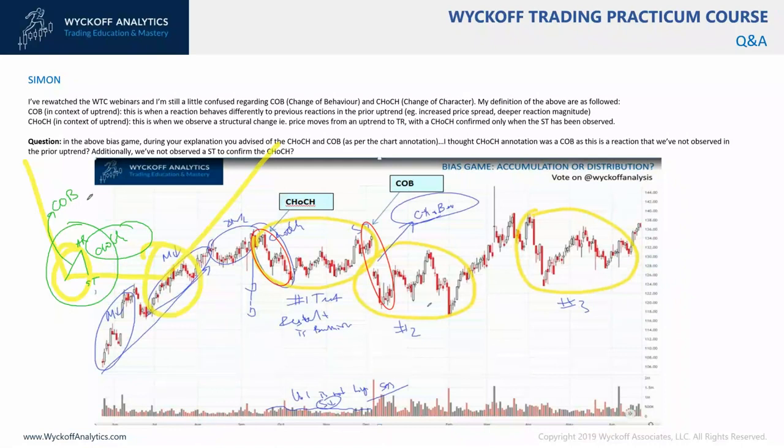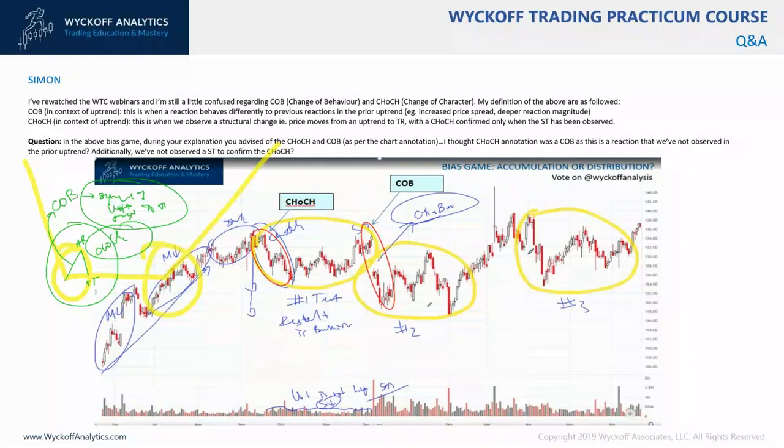Why would we have a change of behavior on this rally? Well, spread is increasing, volume is increasing, demand is increasing. We might have some gaps to the upside, and so on and so forth. Those are elements of the change of behavior. Instead of selling, now they are buying. But if they are buying, has it changed the structure itself?